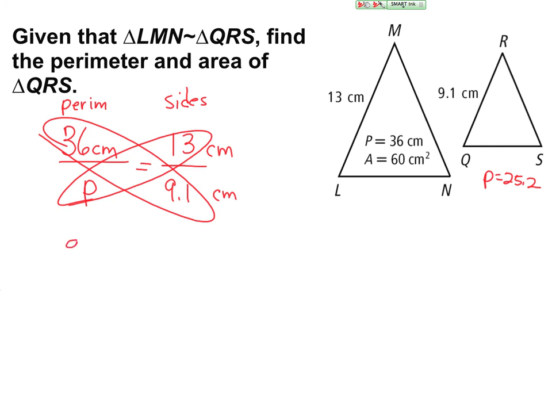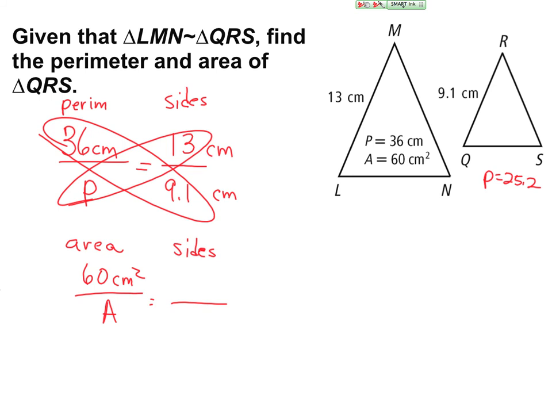Now if we're doing the area, the first one is 60 square centimeters. Area of the second one, I don't know. Now, does the area change in the same way that the sides do? These are similar figures, we're changing both dimensions. Isn't the change supposed to be squared of what the sides do?